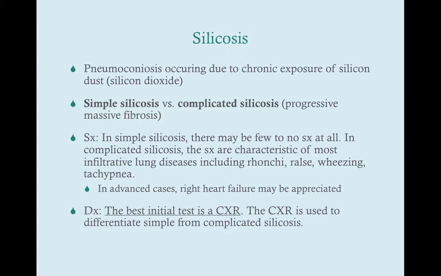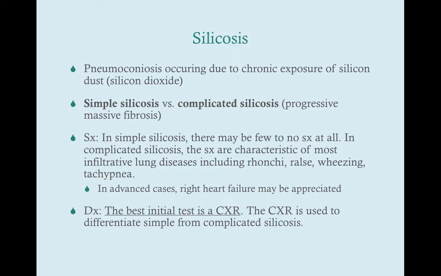So you can start to see those signs of elevated jugular venous distension. You can see edema in the lower extremities, an enlarged heart silhouette on chest x-ray, and so forth. The best initial diagnostic test is going to be a chest x-ray.